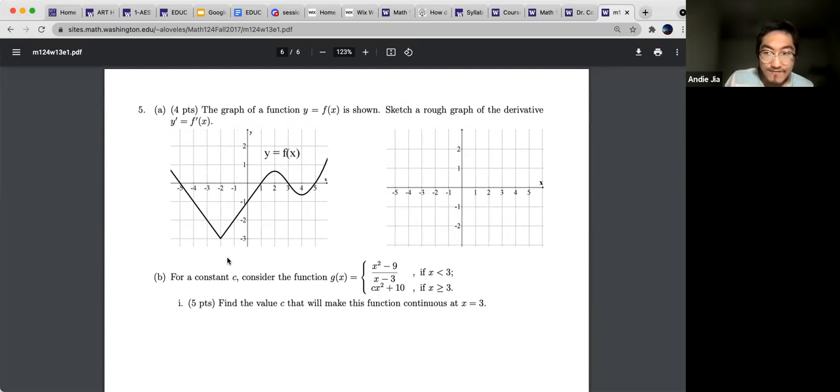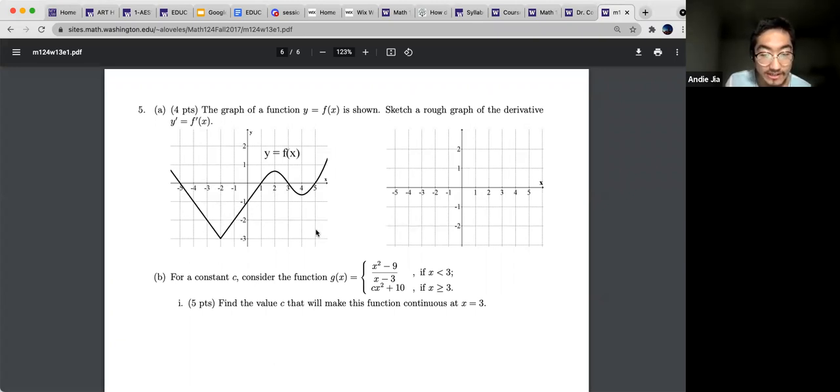At this point, if you take the derivative, are they the same? At x equals -2, if you take the derivative at the right side, what you get is positive 1.